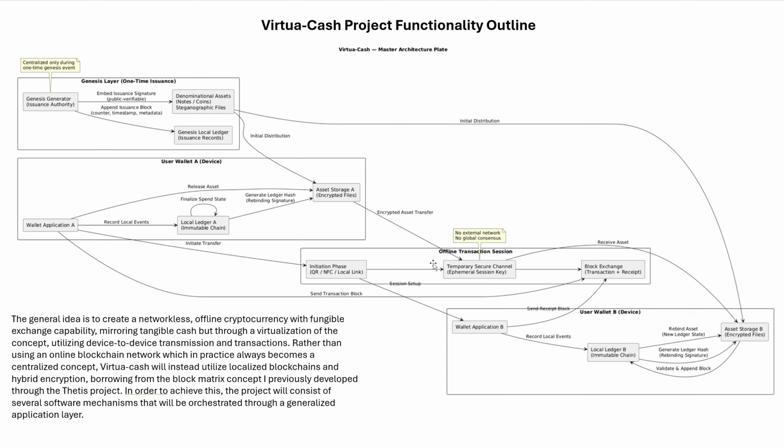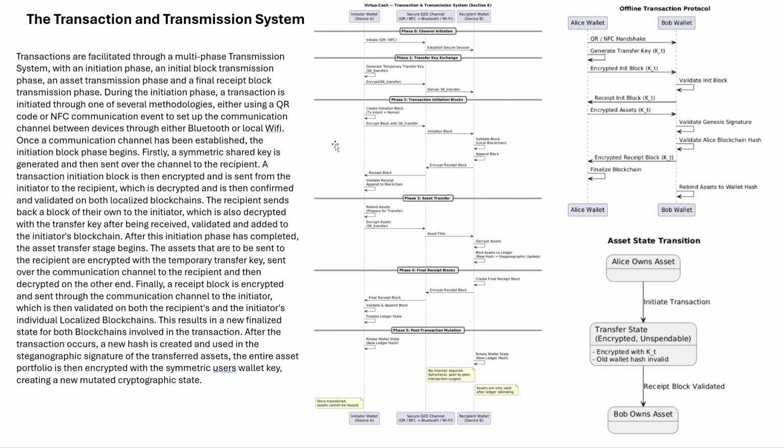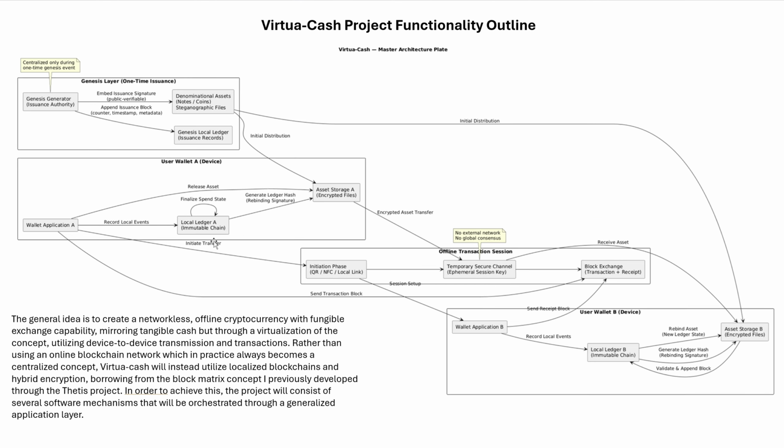And the third layer is the offline transaction and transmission system. It's basically a third layer, like a LAN network layer that is facilitated device to device.